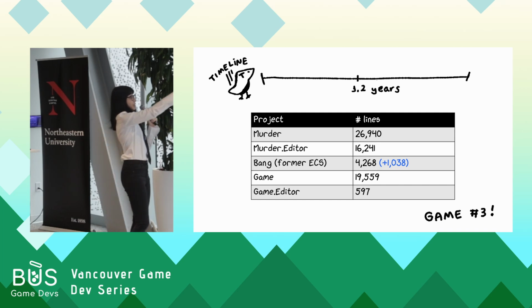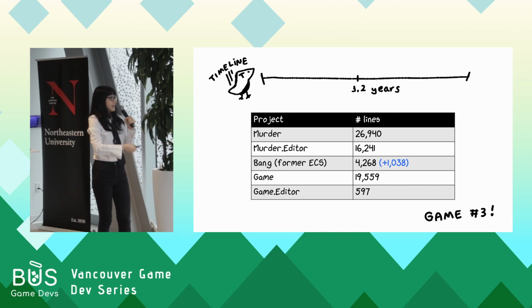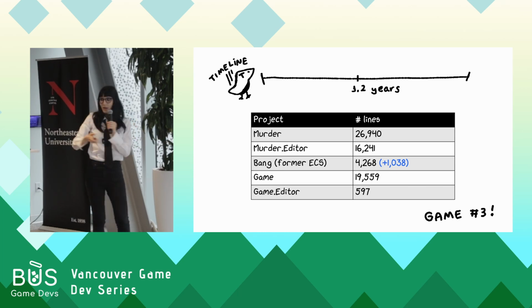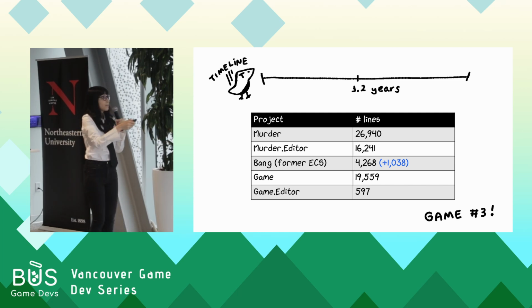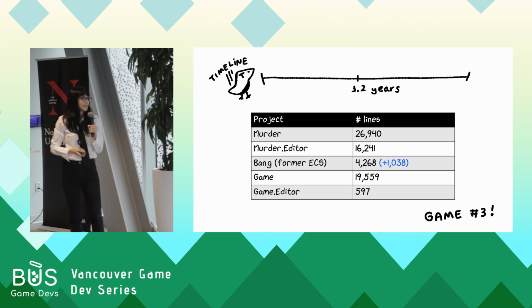So now I have the Murder engine and the Murder editor, and the ECS things here as well, as the base. And then there's game and game editor. And now we had a new prototype. But this was so good because I could just reuse, I didn't lose anything. We learned a lot, we did lose some things, but I think it was worth it.